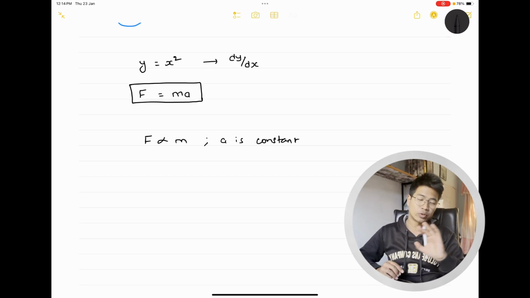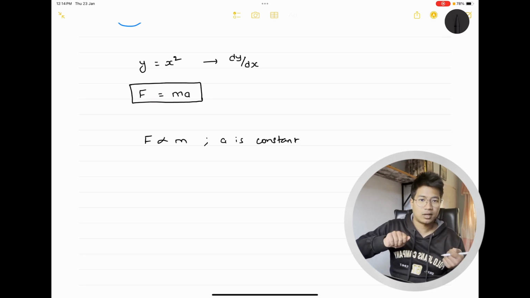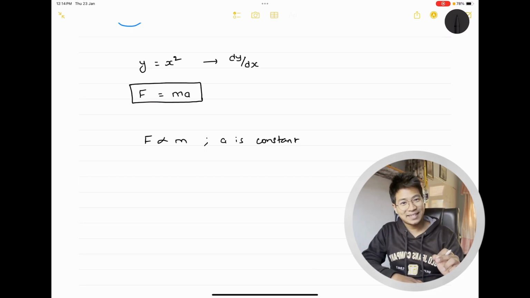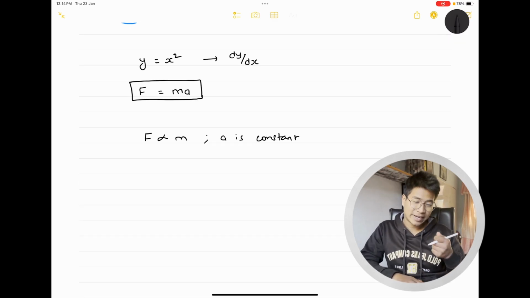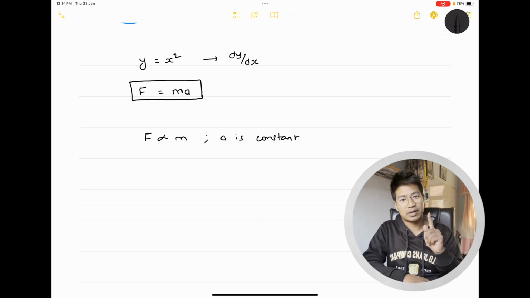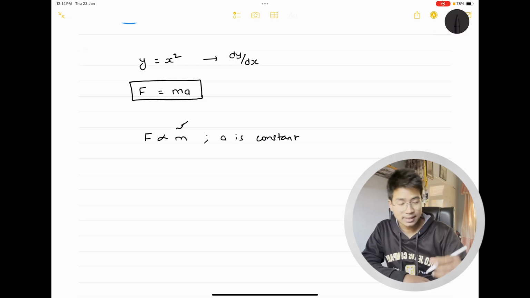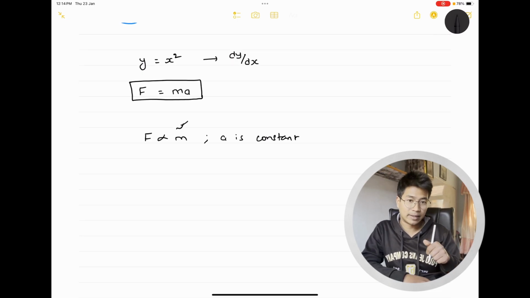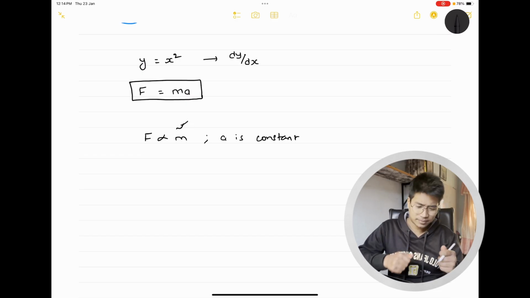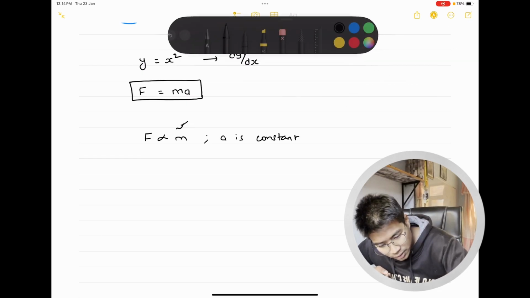So if I don't change a, I can find out how my m affects my F. Okay, and you won't believe it, but this is basically the idea of partial derivatives. Okay, keeping other variable constant, everything else constant, you just look at one variable. In this case, I'm looking at mass, right? And I'm keeping other variable, which is a, constant, and I'm saying if I increase my mass, how will my force respond?